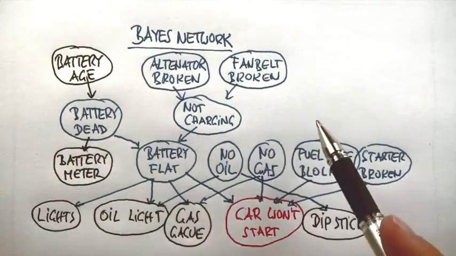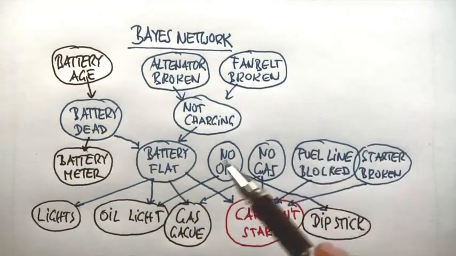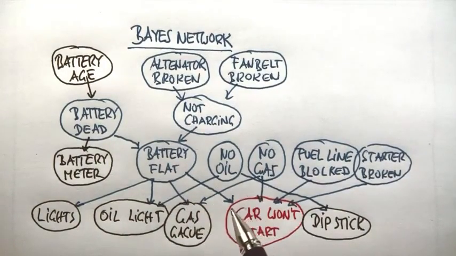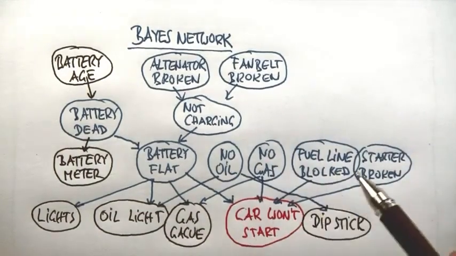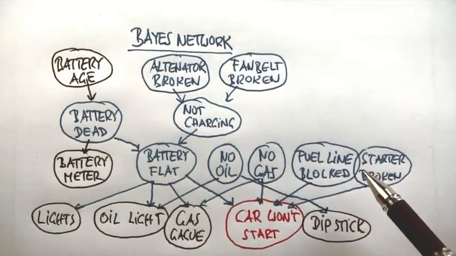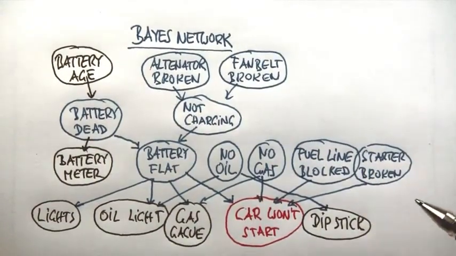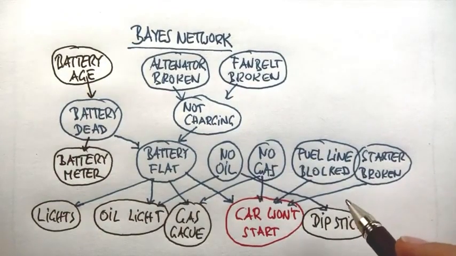There's a total of 16 variables in this Bayes network. What the graph structure and associated probabilities specify is a huge probability distribution in the space of all of these 16 variables. If they're all binary, which we'll assume throughout this unit, they can take 2 to the 16th different values, which is a lot.